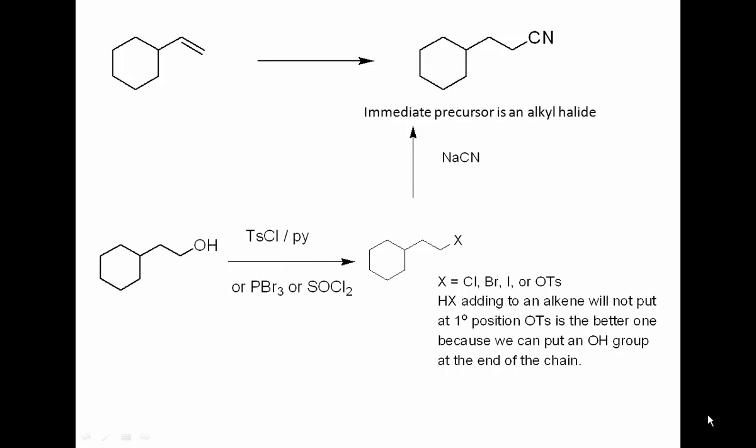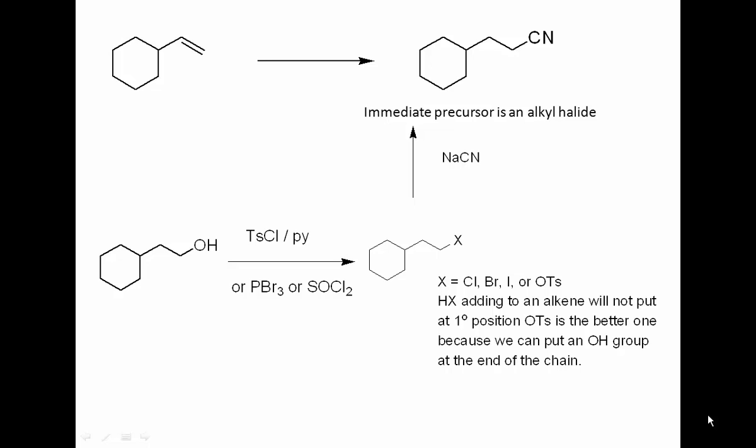All right, so the immediate precursor, if this is a tosylate, is this alcohol here. This alcohol could also be transformed readily into a bromide or a chloride through either of these two reagents, PBr3 or SOCl2. And of course, in the previous chapter, this is one of the basic reactions.